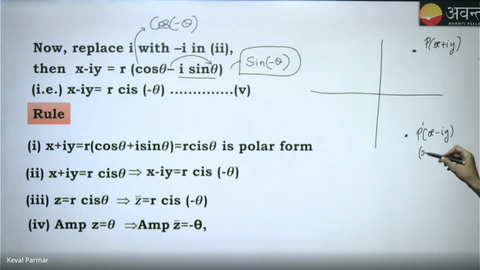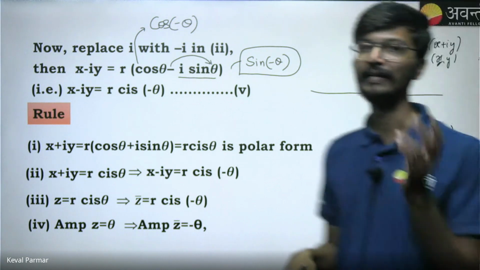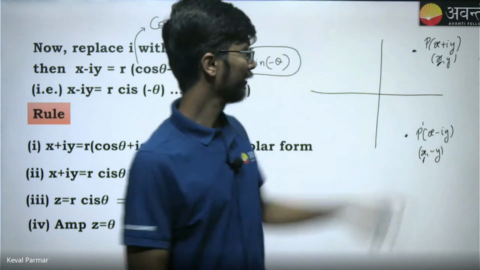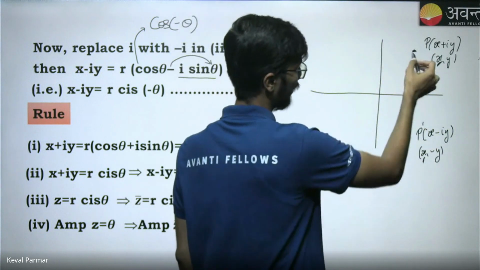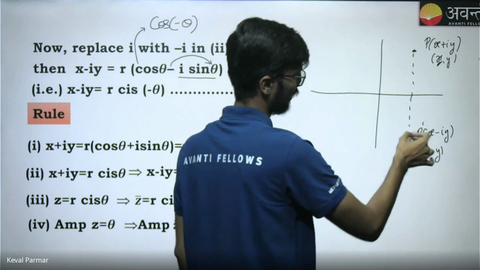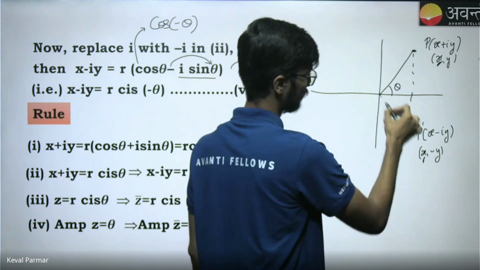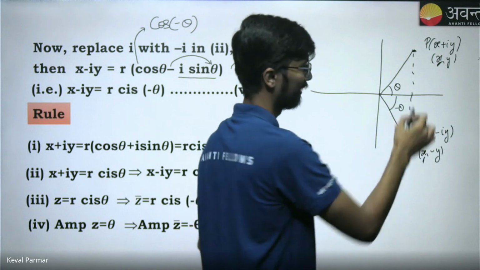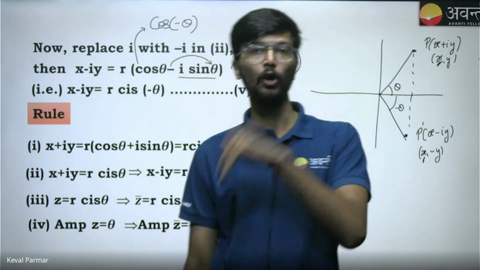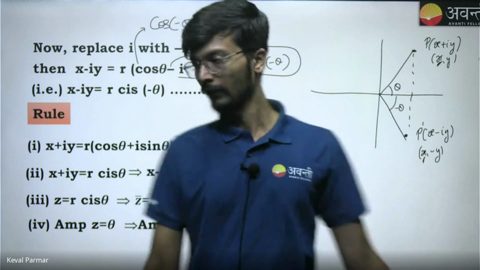X minus iy means what are the coordinates? X comma minus y. Here x comma y. As you can see, the x coordinate remains the same, just the y coordinate changes in sign. That means basically this point is a reflection of this point, right? So if this angle is theta, then this will obviously be minus theta because we are measuring it in the clockwise direction. Correct? I hope it is clear.